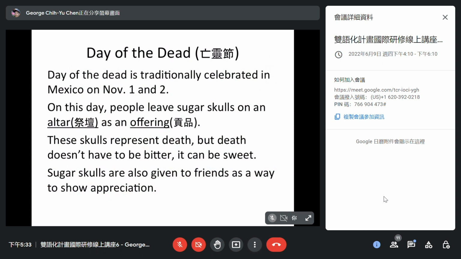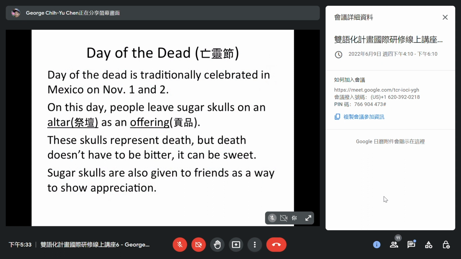But for many Mexicans, death doesn't have to be bitter. It can be sweet. 死亡不是永远都是苦的，它可以是甜的。So sugar skulls are also given to friends as a way to show appreciation.